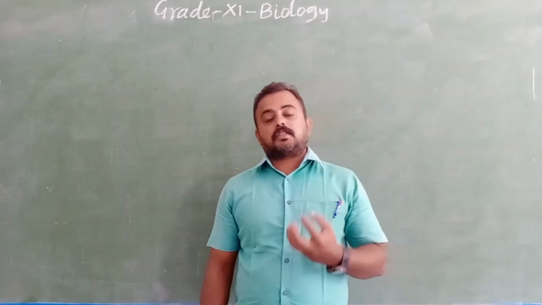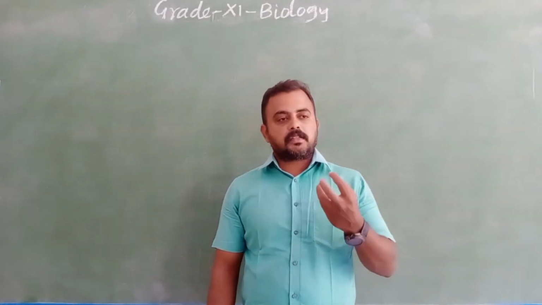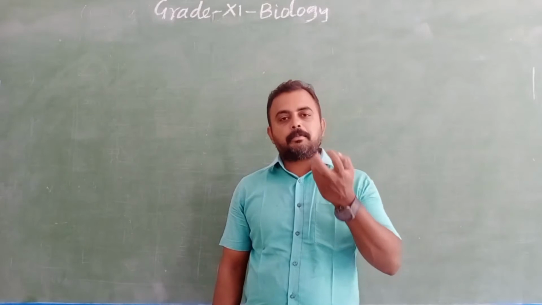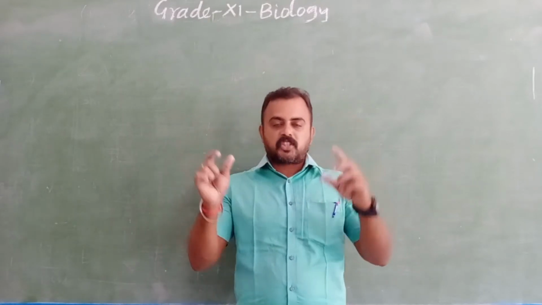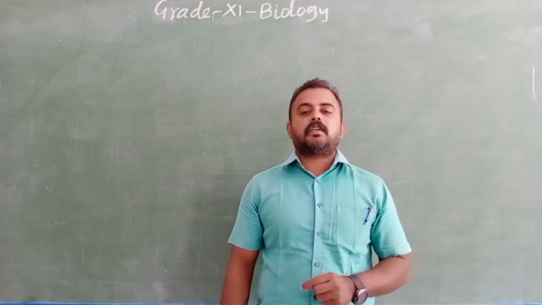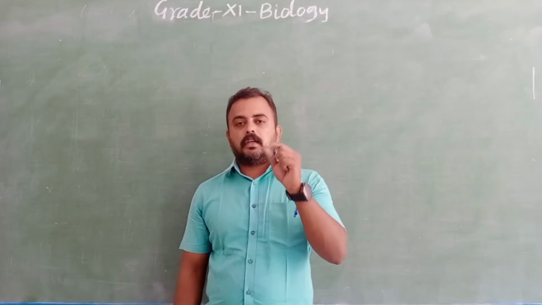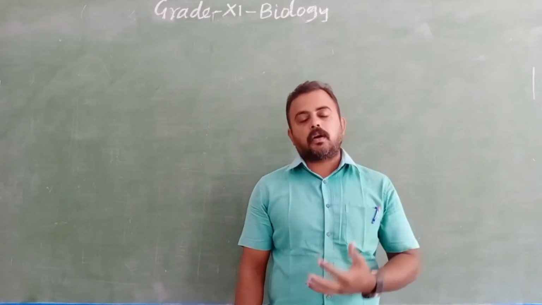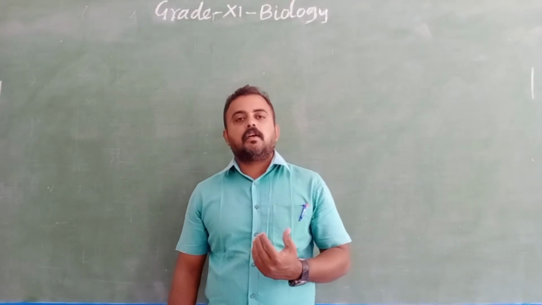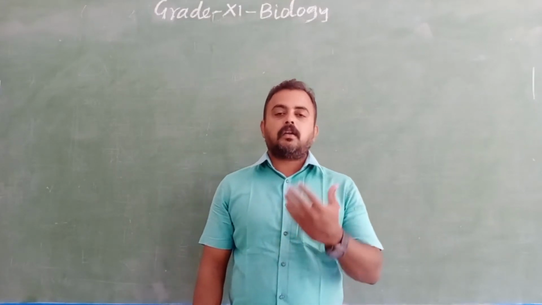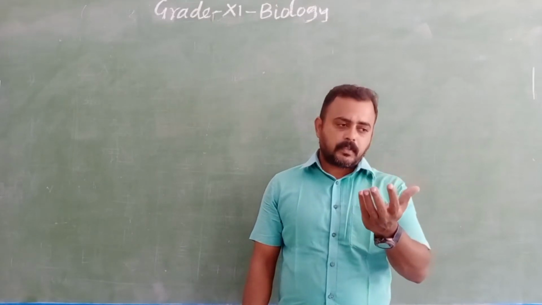The structure of the neuron we have completed. In the structure of the neuron, the main part is the cell body. In the cell body we have different projections called dendrites, which are connected with an effector or another neuron, and receive the impulse from the effector or from another neuron.